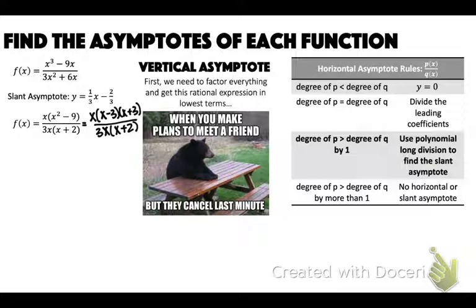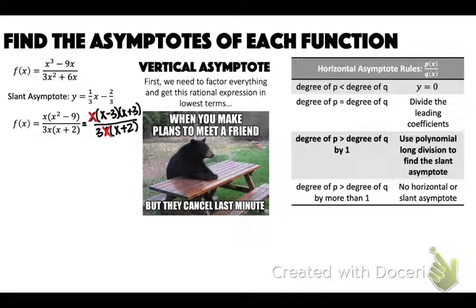Okay, and then notice here, like Mr. Bear over here is so sad because his friends canceled on him, which I'm trying to get at: these x's cancel. This x cancels this x. When you have something cancel on top and bottom, it creates a hole. We just have this weird hole in our graph where there are no values.